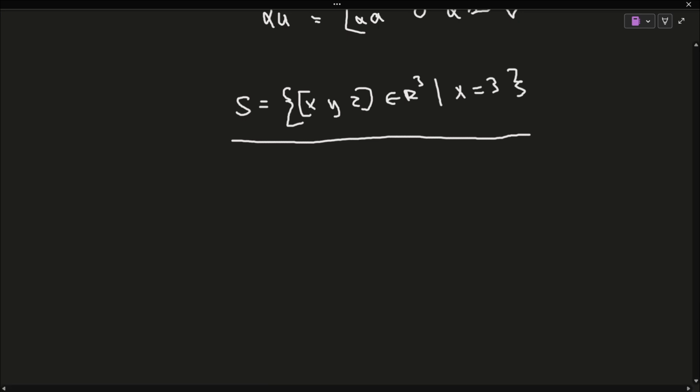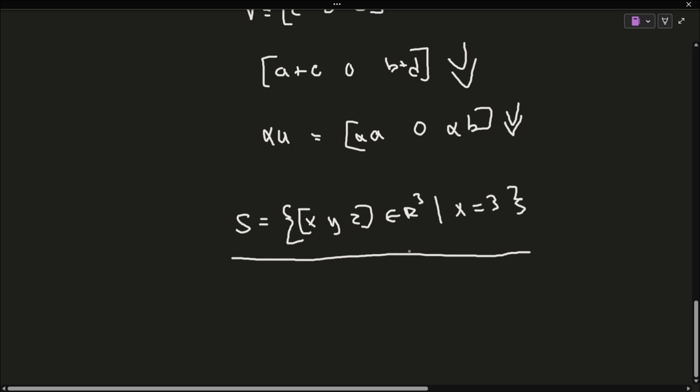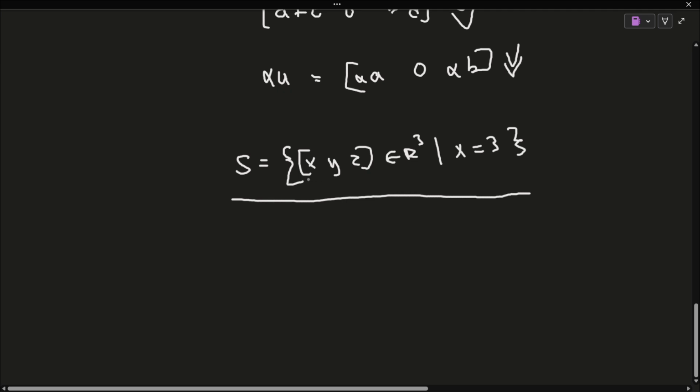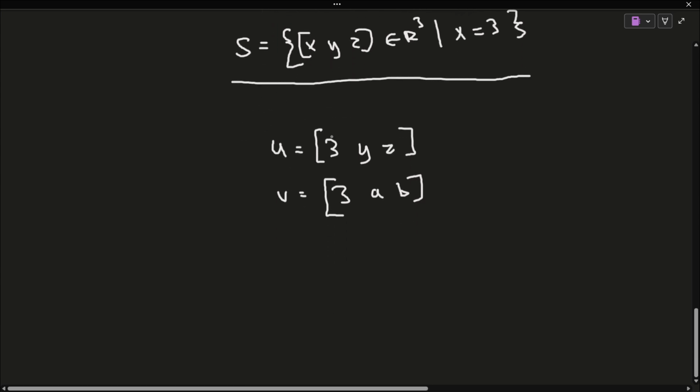Okay, great. So hopefully you had a chance to do that, and you should get the answer that this isn't a vector space. And the reason why is, let's take arbitrary elements. So let's say U is going to be 3, Y, Z, and then V is going to equal 3, A, B. And so once we do this, we want to add these two because they have to be closed under addition.